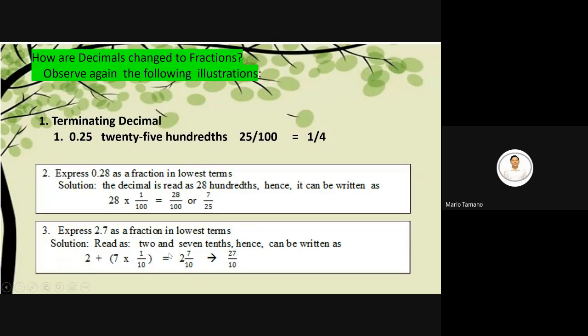Kapag i-change ninyo ng improper po, i-multiply lang. 10 times 2 is 20 plus 7 is 27 over 10. Tandaan ninyo, ka-equal po ng 27 over 10 yung 2 and 7 tenths at saka 2.7, pare-pareho lang sila. Iba-iba lang po yung form nila.